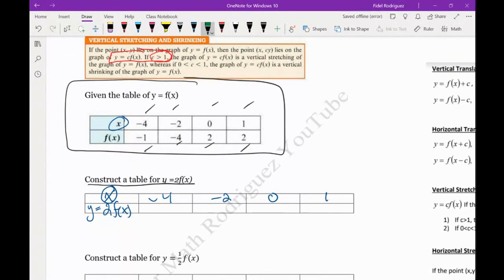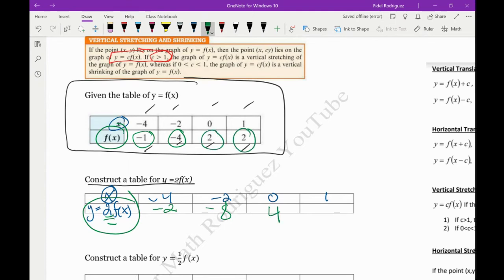Now, I want you to notice something. The only difference between this piece here and this piece here is what number do we have in front? 2. So if the number is in front, that means that those numbers are being now multiplied by 2. So first question to you, what's -1 times 2? -2. What's -4 times 2? -8, right? What's 2 times 2? 4.